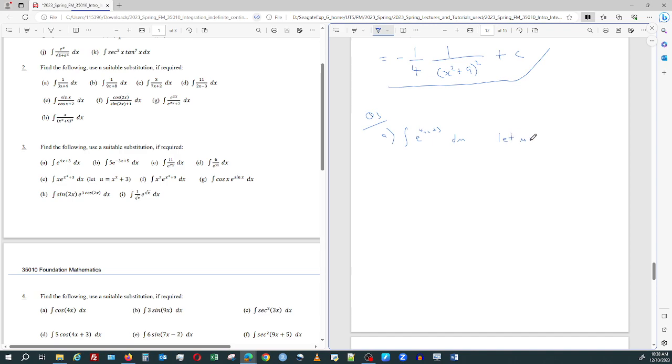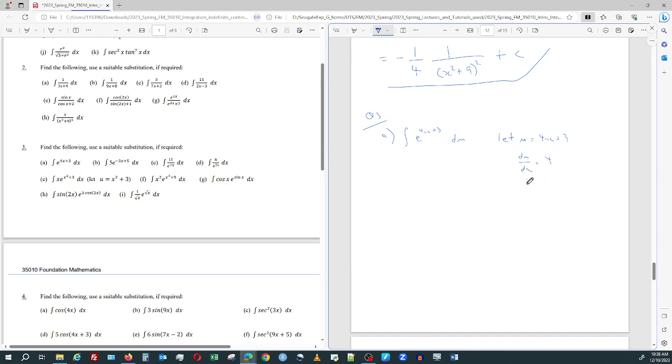Let u equal 4x plus 3. Leaving it in notation and staying in the column, du dx. Derivative is 4.